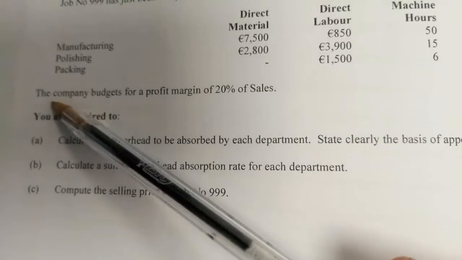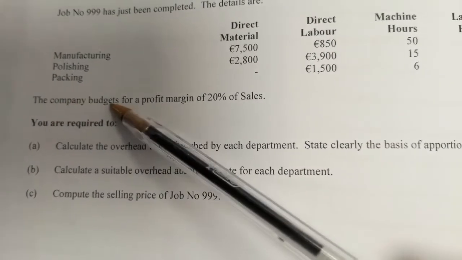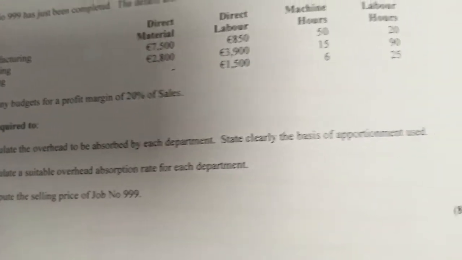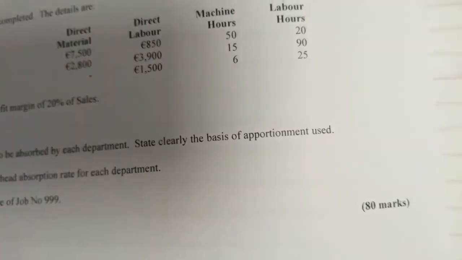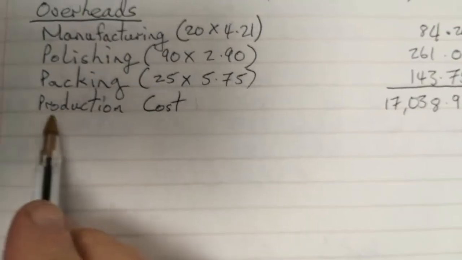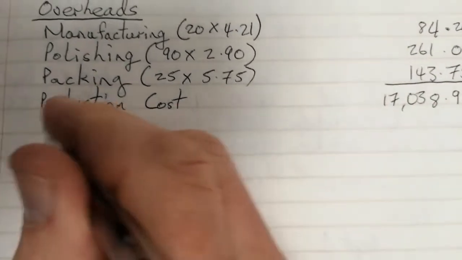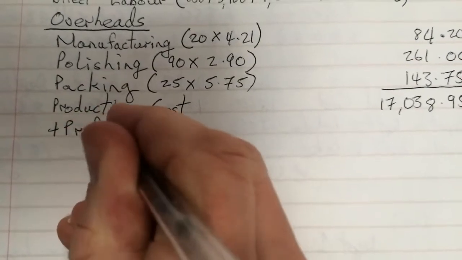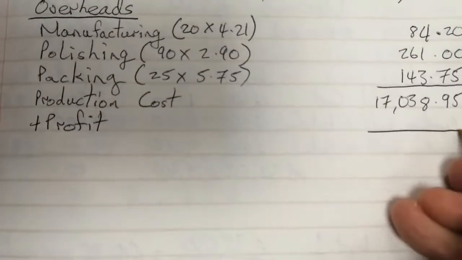And here is the extra information that we need. Underneath it says the company budgets for a profit margin of 20% of sales. That means that your profit is going to be 20% of the price that you charge for the job. And here's how we work this out. We say, if you have the cost of your job and you add on the profit, that gives you the selling price, isn't it?